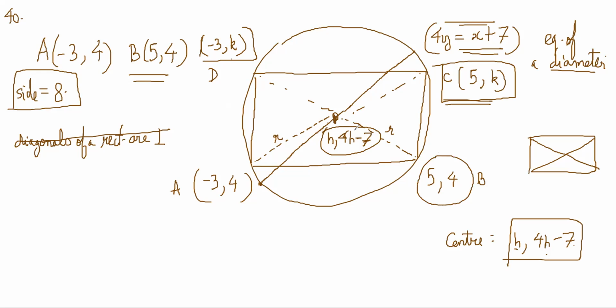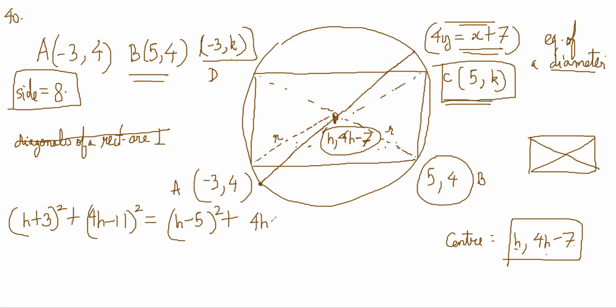Four equations. From this equation, this h and 4h minus 7 is equidistant. You can find h. It's just the distance formula. (h plus 3) whole square plus (4h minus 7 minus 4) whole square, so (4h minus 11) whole square, should be equal to (h minus 5) whole square plus (4h minus 7 minus 4) whole square.